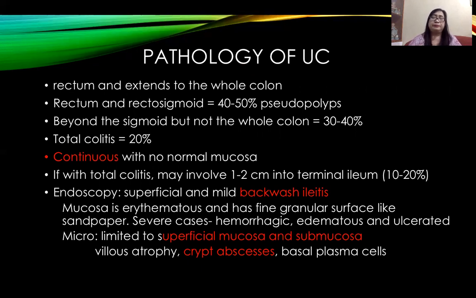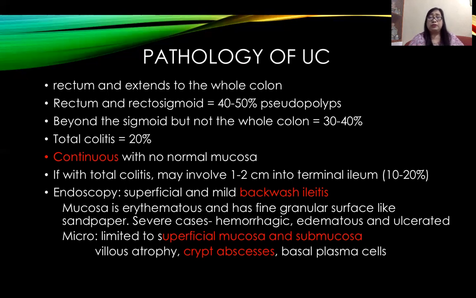You may have affection or inflammation of the entire colon among 20% of the patients. The inflammation is said to be continuous with no normal mucosa. If with total colitis, this may involve 1 to 2 cm into your terminal ileum.